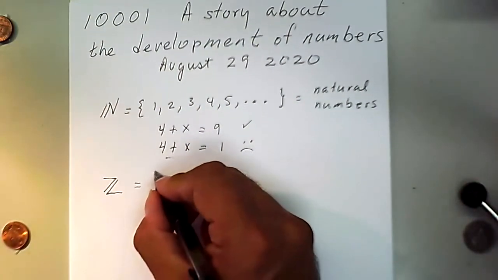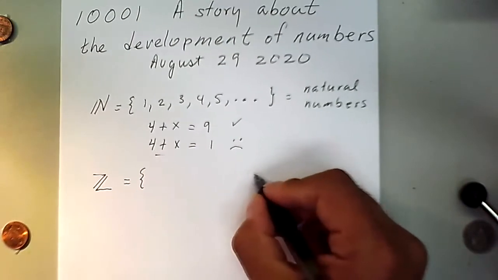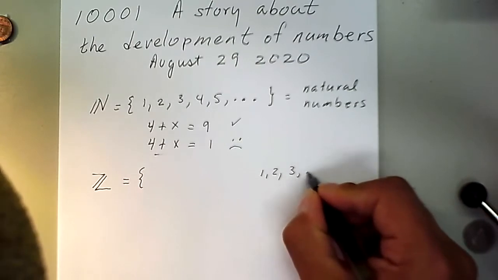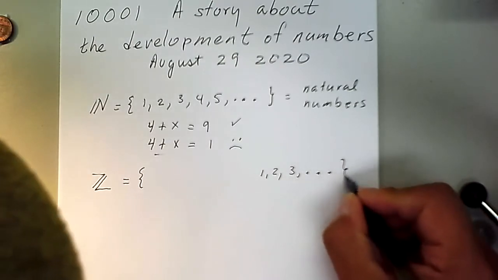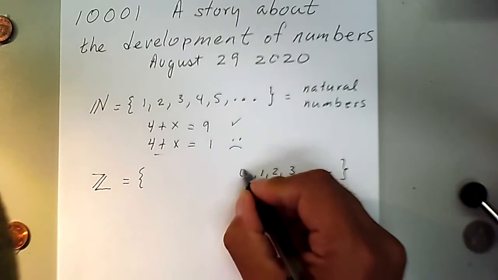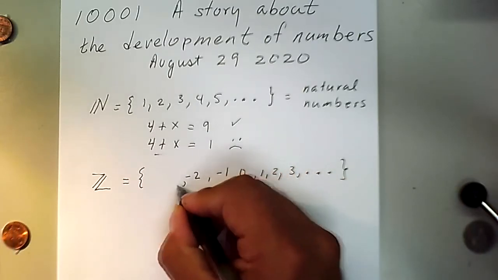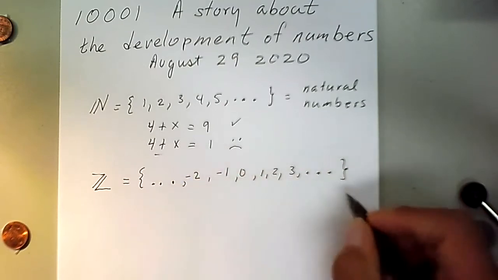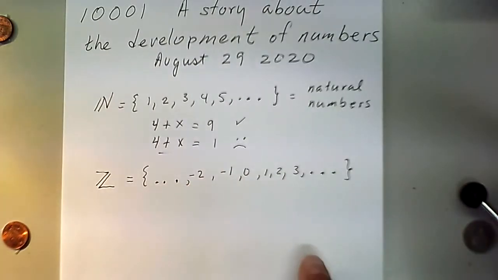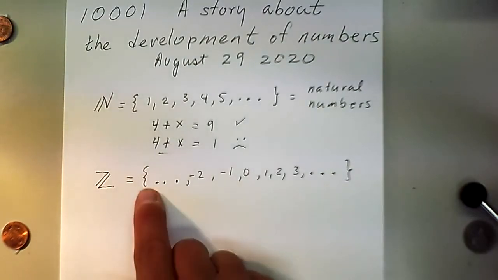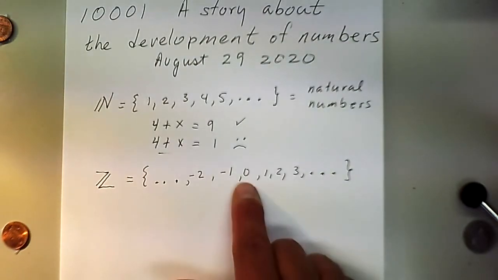And the set of integers will contain 1, 2, 3, etc. without ending the set. And we will have 0 as well as -1, -2, and so forth without ending on the other side. So we have non-ending on the right and non-ending on the left, and 0 sort of in the middle.